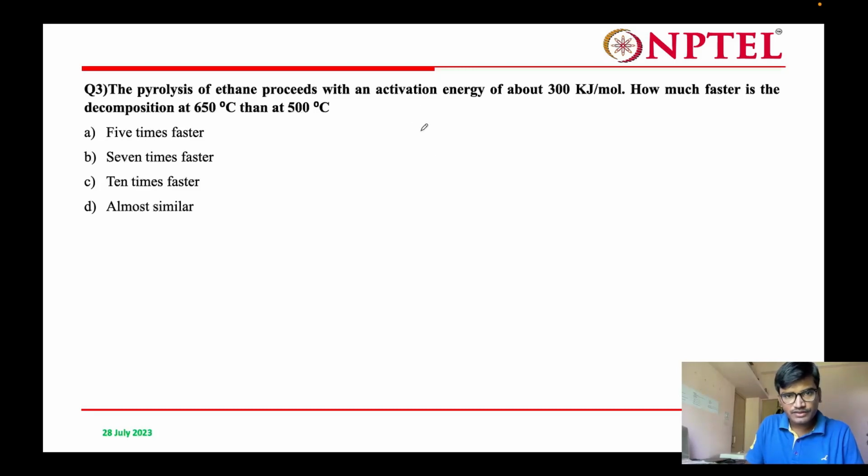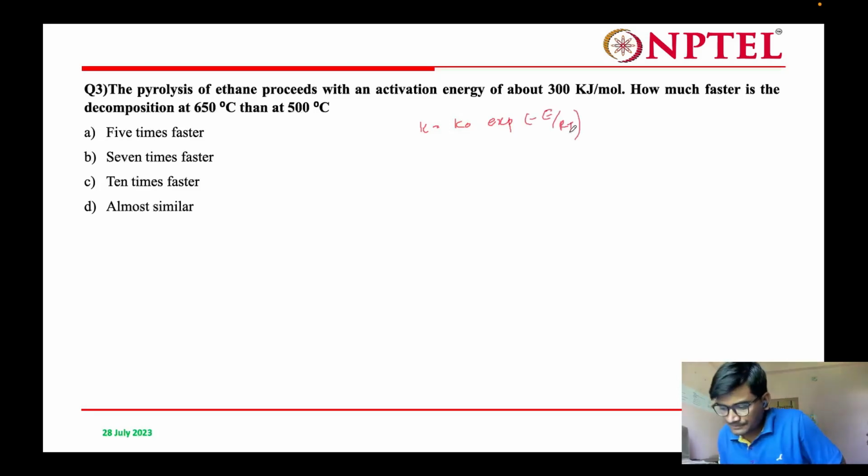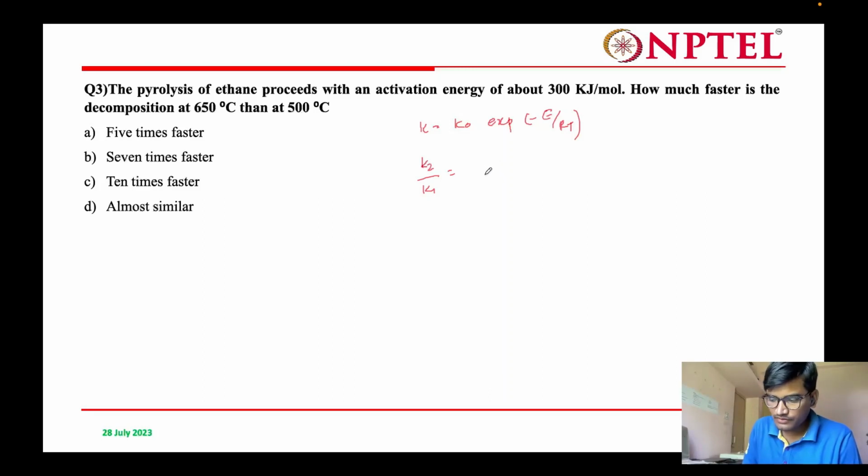Here we have to use the Arrhenius law, k is equal to k naught exponential minus E by RT, right? For two temperatures, k2 by k1 equals exponential of E by R into 1 by T1 minus 1 by T2. Right.